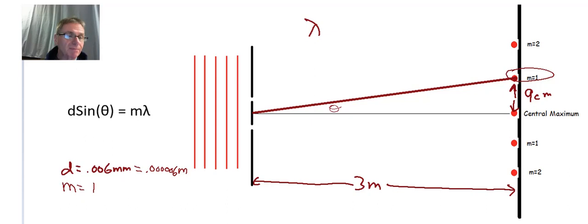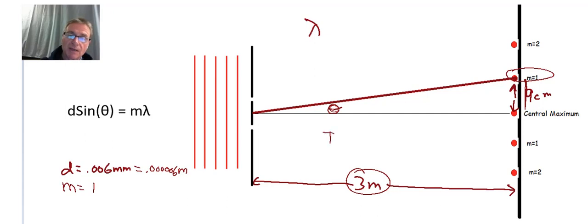We're looking for lambda, all right? So what else do we need? We need theta, all right? Can we get theta? Can we get this angle theta right in here? Well, we have a triangle here. We know that the opposite side over here is 9 centimeters. We know the adjacent side to the angle is 3 meters. So using the inverse tan function, we can find out what the angle is going to be.